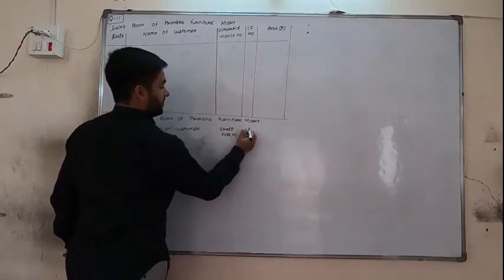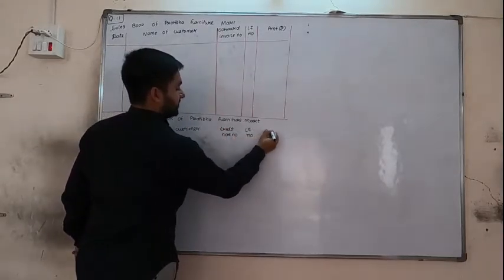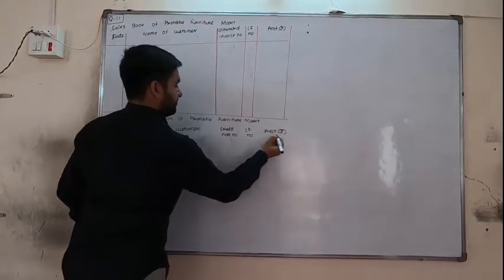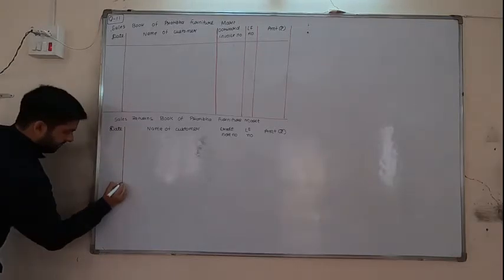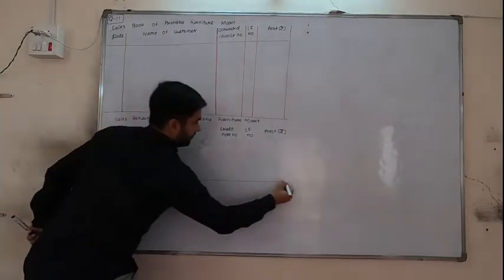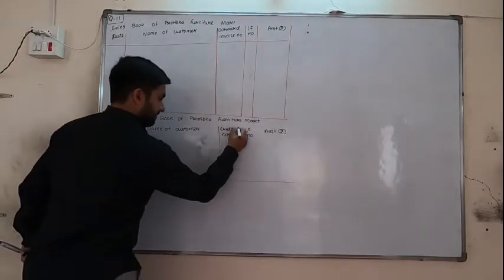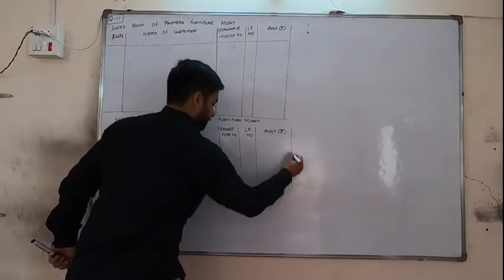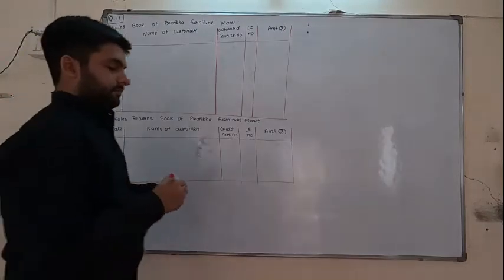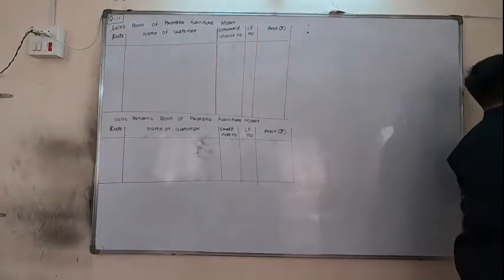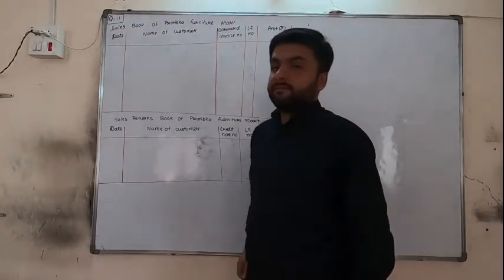Credit note number. LF number. Amount in rupees. Now we are starting the sum.